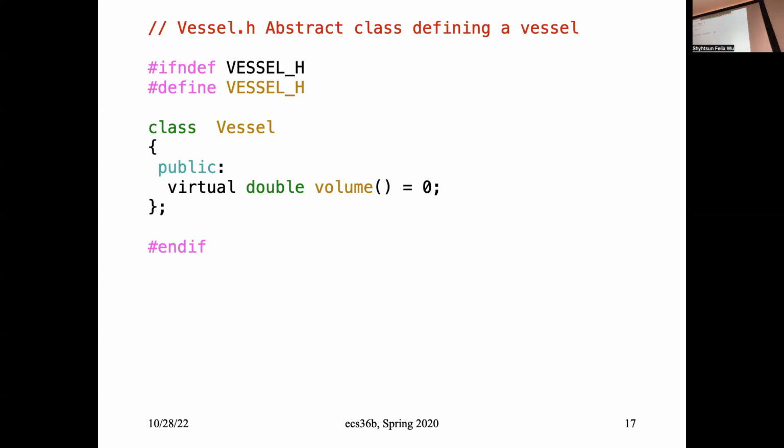A pure virtual function really just provides a specification of the interface. And it basically mandates that every single class that derives from this interface class needs to provide an implementation for that virtual function.